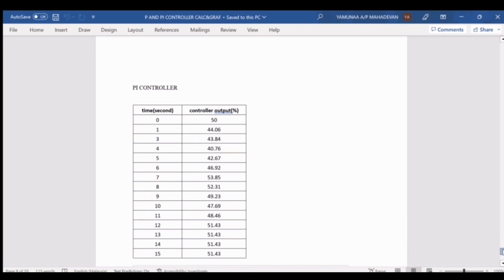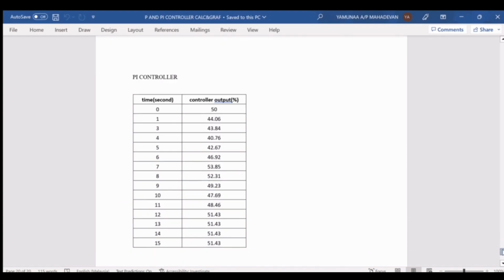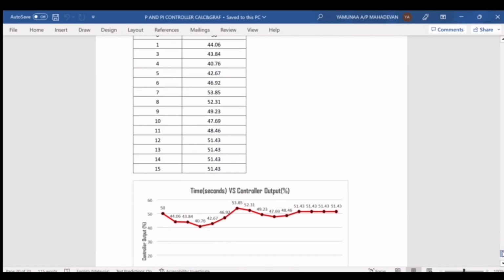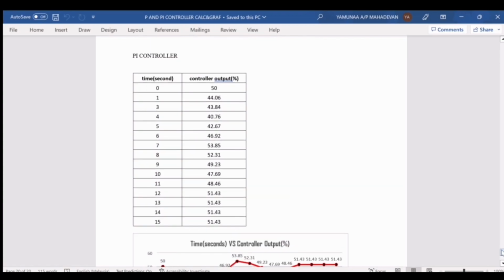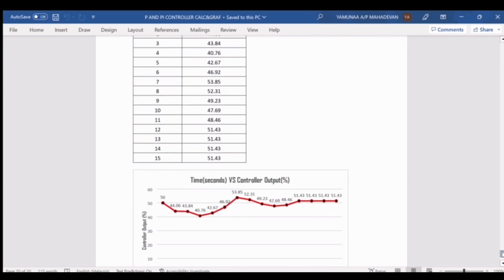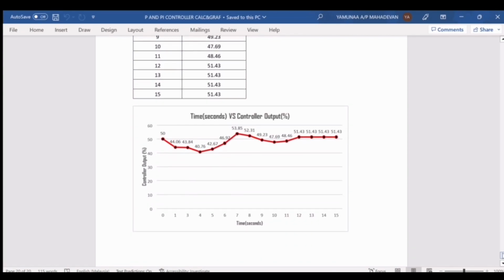And this is the value for the PI controller, which starts from 0 to 15, with the controller output value starting from 50% and ending with 51.43%. And this is the graph I plotted.